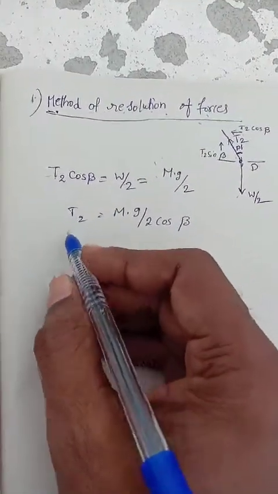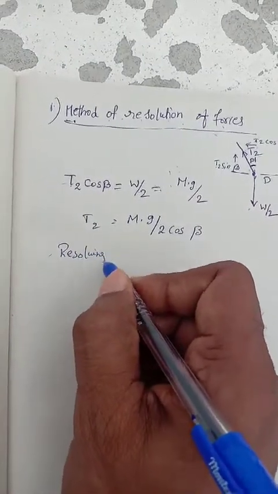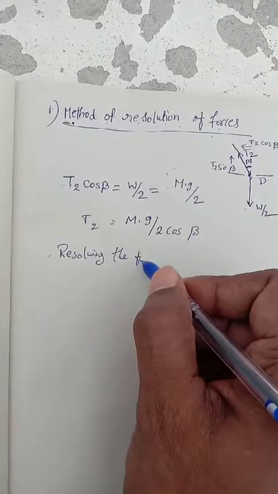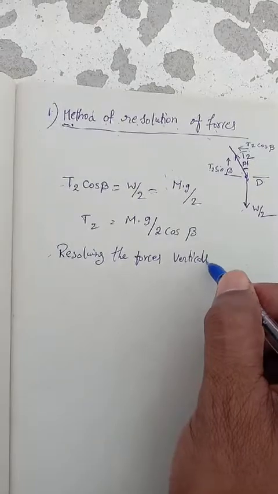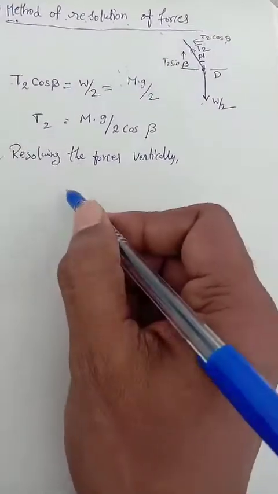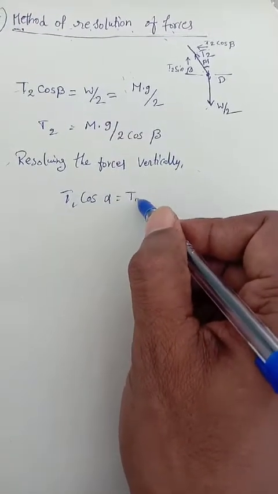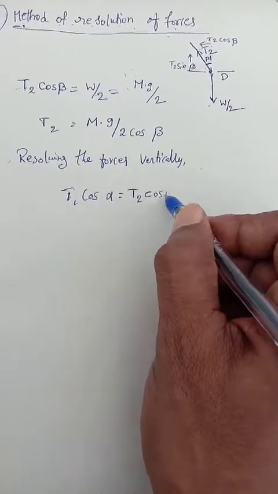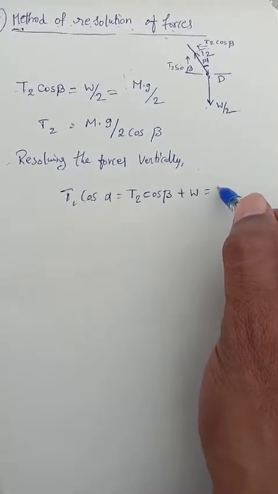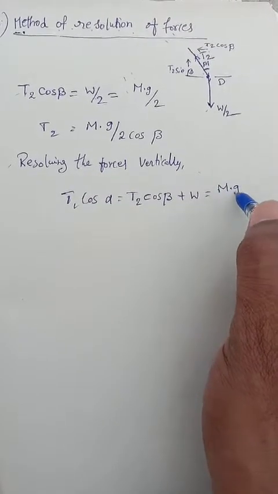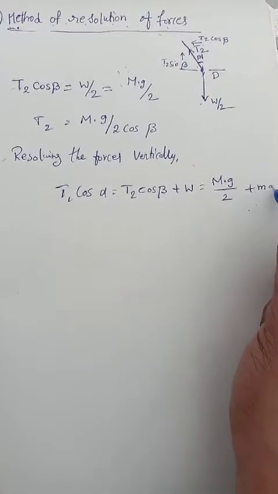Then, since they are in two opposite directions, we can write, resolving the forces vertically: T1 cos alpha is equal to T2 cos beta plus W, that is equal to capital M into G by 2 plus mg.